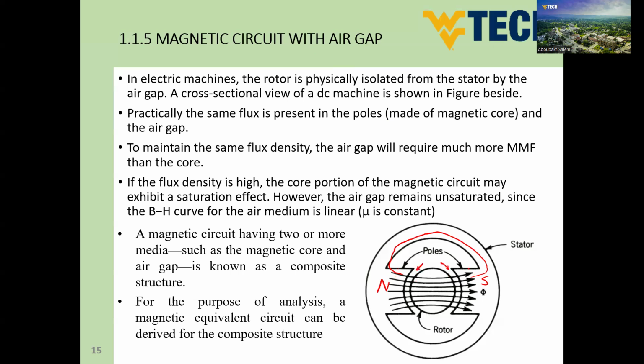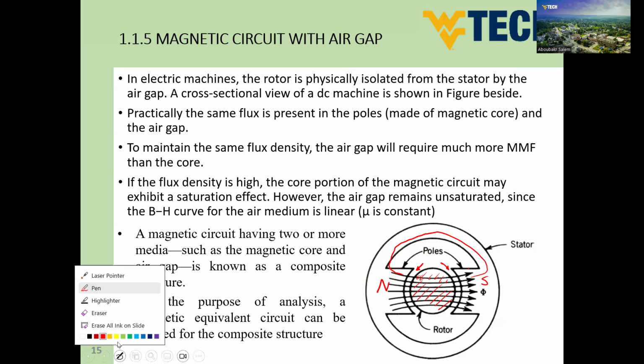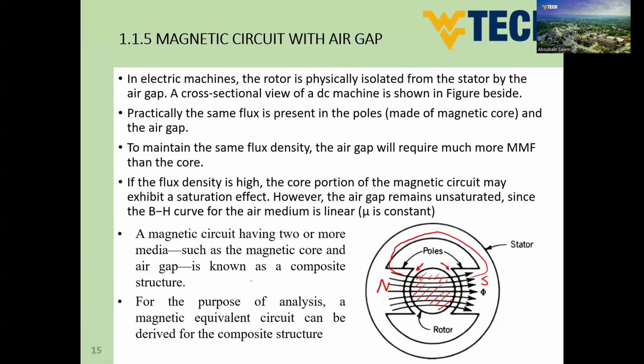This is air in between this magnetic material in the middle, this one, and the outer one. So you have here an air gap. Let's make the air gap in a different color. So you have here an air gap in between this magnetic core. Okay.